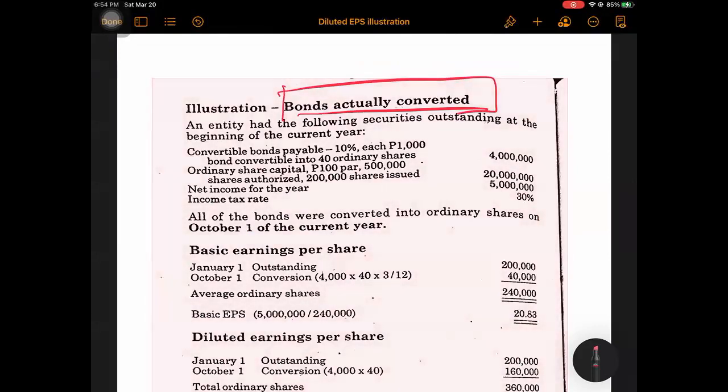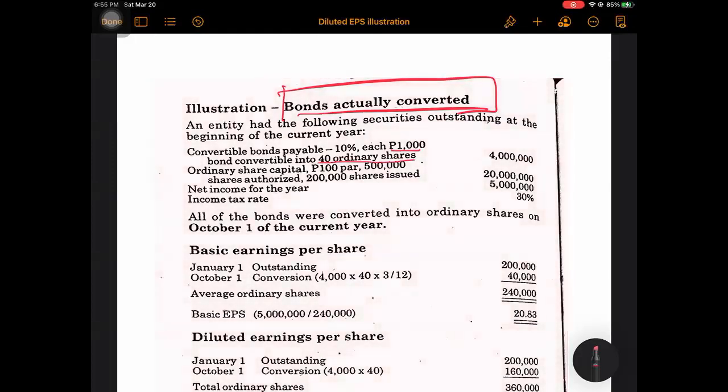So, what will happen in your basic earnings per share and your diluted earnings per share? Let's see the illustration. An entity had the following securities at the beginning of the current year. You have convertible bonds payable of 4 million. Every 1,000 peso bond can be converted into 40 ordinary shares.